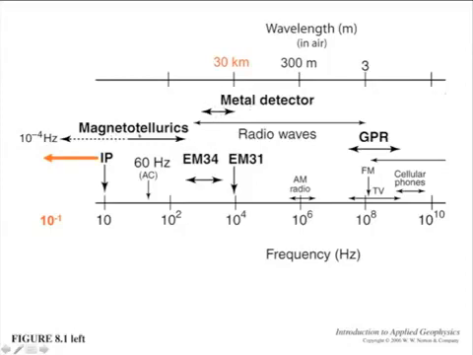I'll talk briefly about magnetotellurics, which is essentially a low frequency, deep probing way of looking at electromagnetic fields. So that really starts at about the audio range, but goes down to extremely low frequencies. And we'll see later when I talk about skin depth why you have to go to such low frequencies, 10 to the minus 4 hertz, which is essentially 10,000 seconds period.